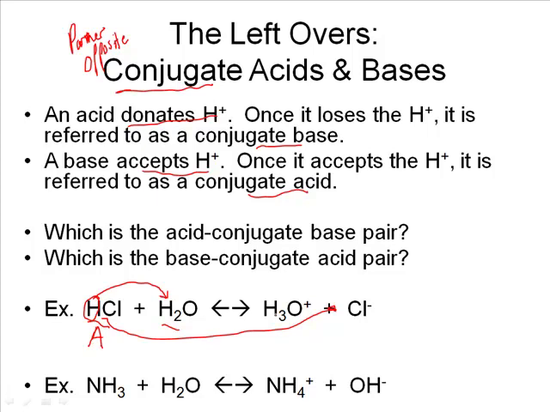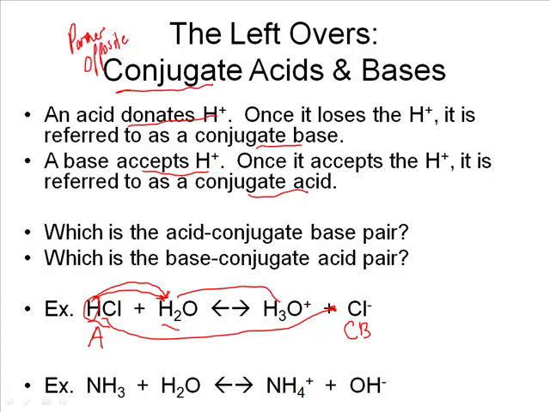Now its partner is over here. This is what it becomes. So we're going to add the word conjugate, and then it's going to be the opposite, conjugate base. Now over here we know that bases accept hydrogens. So that H is on its way over here. It's going to be accepted by the water, and it's going to become this hydronium ion, H3O.